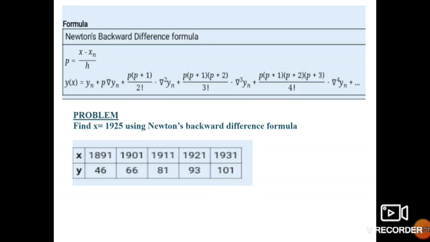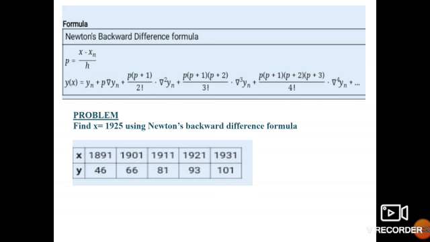Already I told you h is the common difference of the x values, and x is the value given in the question. We are going to find the interpolation at 1925, which is the value of x, and xn is the bottom value, the last final value of x in the table. So 1931 is the xn value.